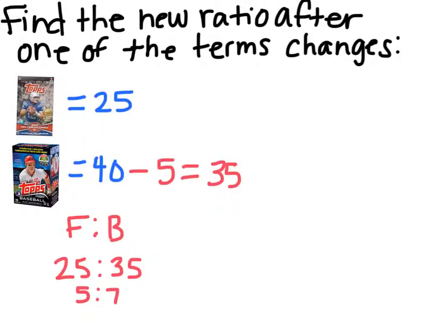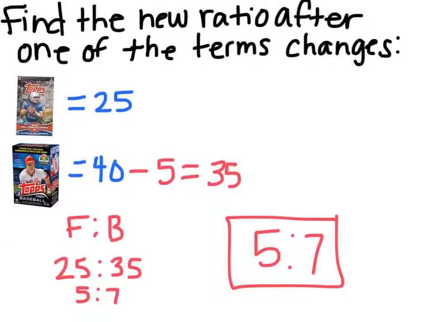So the ratio of the number of football cards to the number of baseball cards that Ernesto has now is 5 to 7. Okay? And he started with a ratio of 25 to 40, which once again divided by 5 would be 5 to 8. So his beginning ratio was 5 to 8, but his ending ratio is 5 to 7.